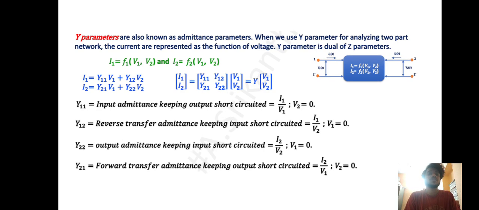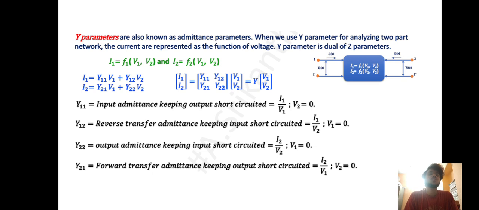Y parameters. Y parameters are also known as admittance parameters. When we use Y parameters for analyzing a two-port network, the currents are represented as a function of voltages. Y parameters are the dual of Z parameters. I1 equals F1 of V1, V2, and I2 equals F2 of V1, V2.